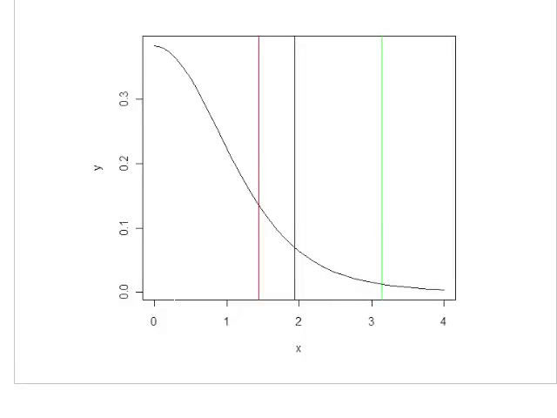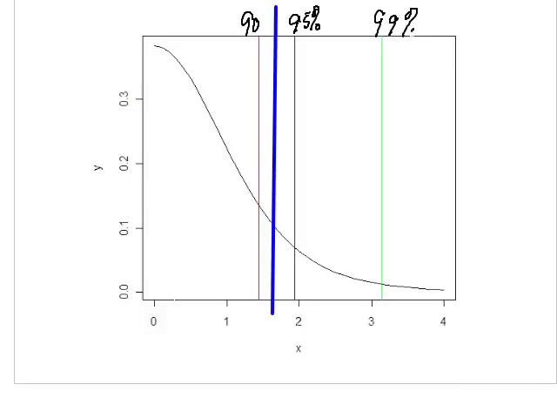Here's another example for a right tail test, and if we put the test value right here, then this is the 90th, here's the 95th percent, and here's the 99th percent confidence level.